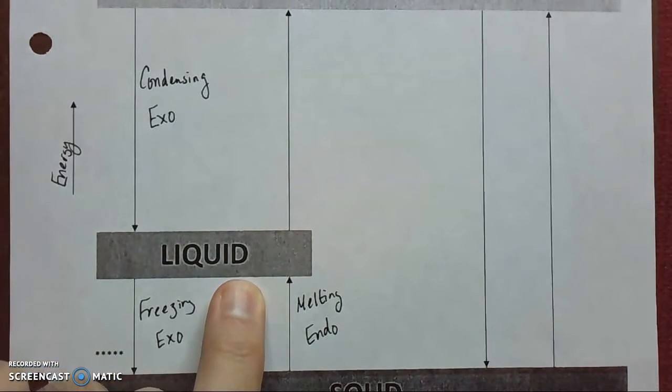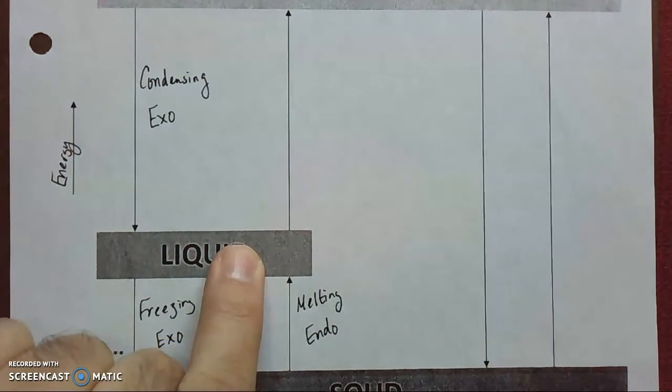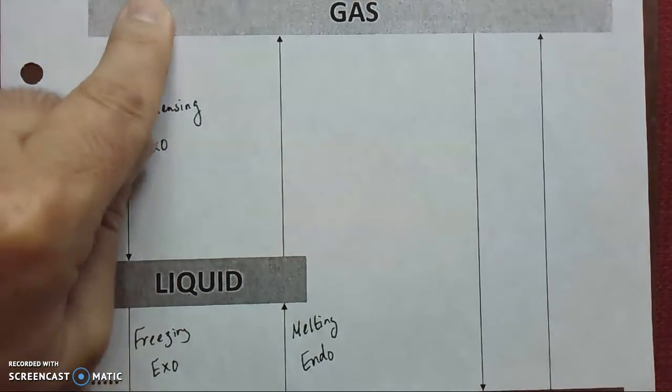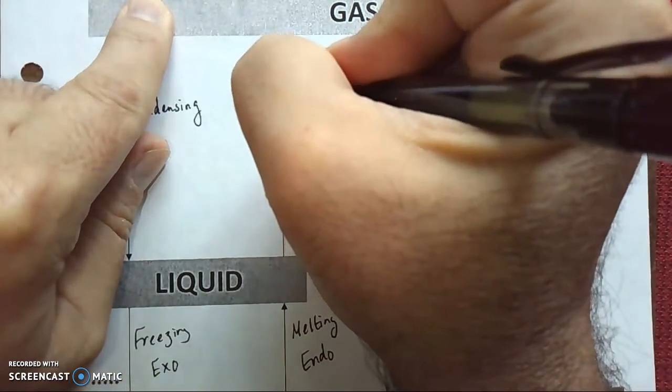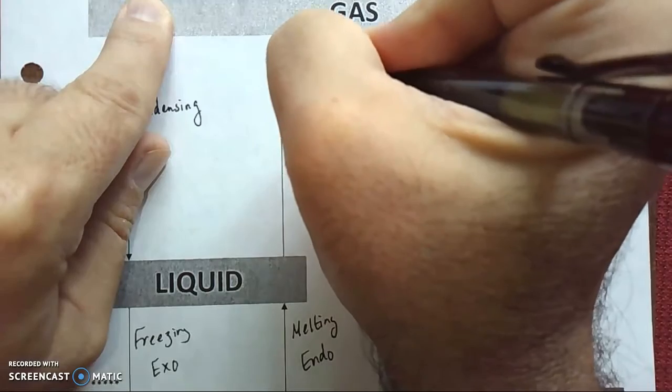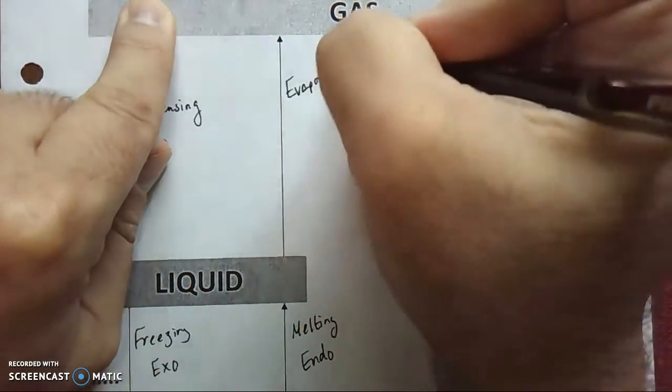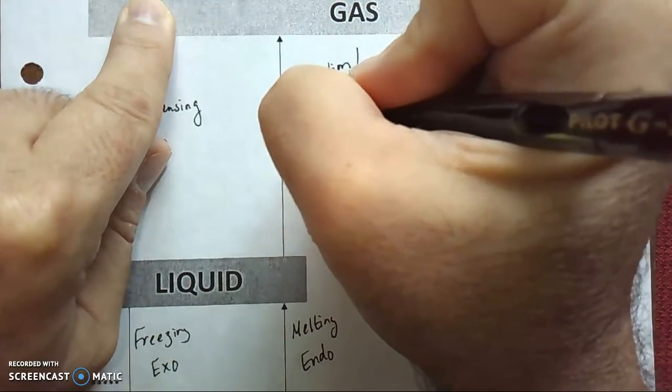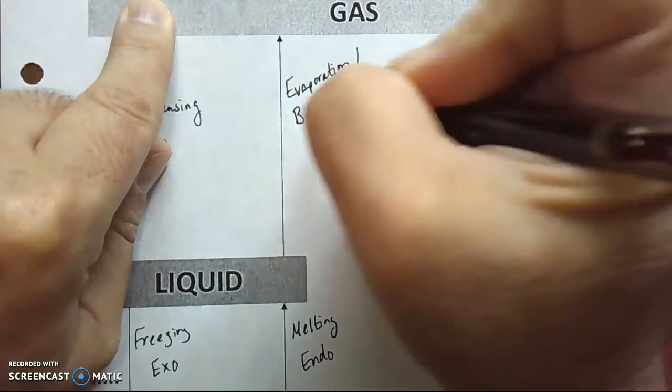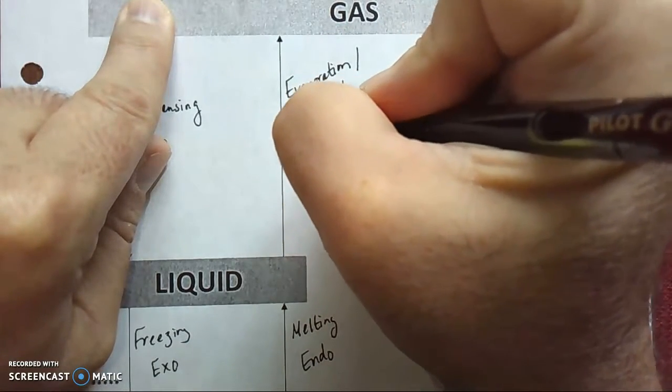And if we keep on adding heat to it, we end up turning the liquid into a gas, and this can be evaporation, boiling, if we are adding heat to it, or we could even say vaporization.